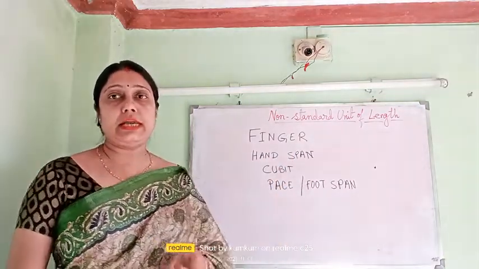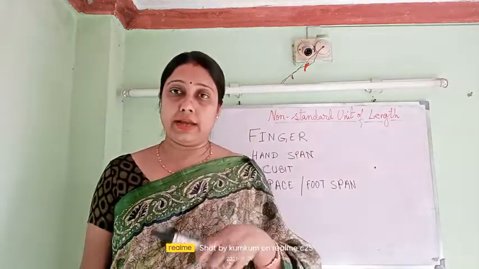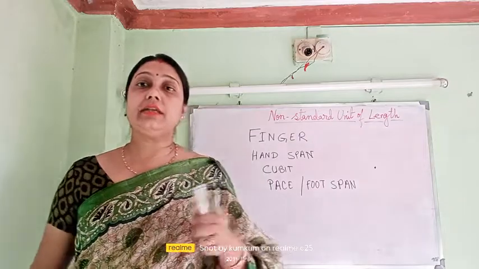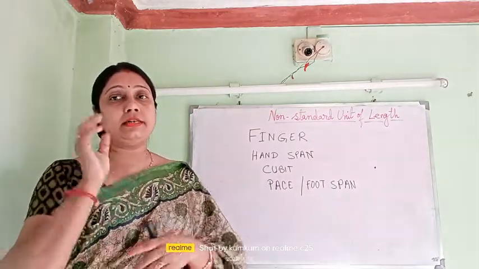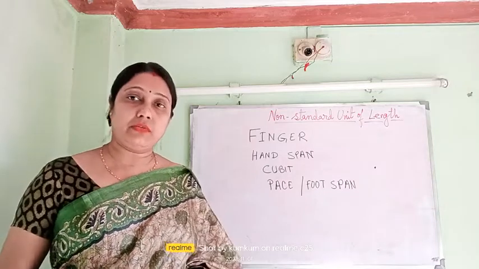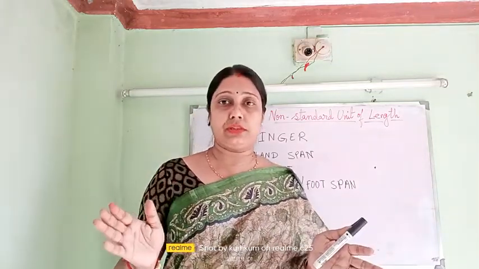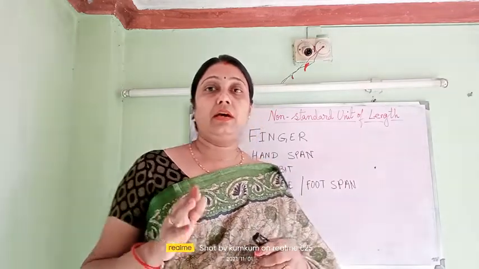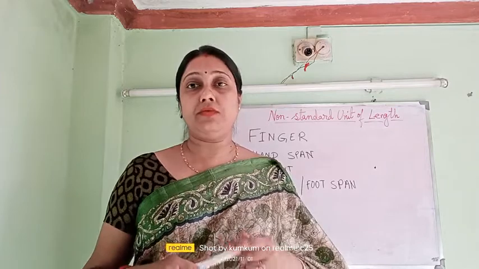If a small child is measuring, its measurement will differ from an adult's. Again, a thick person or a short person measuring will differ from a taller person. So to avoid all this confusion, we have discovered the standard unit of length.